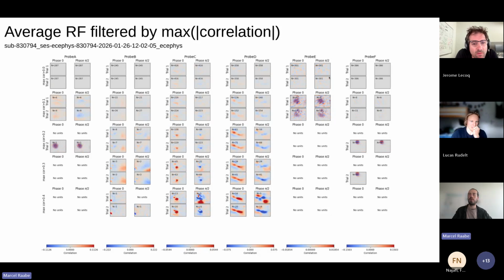On the first row, I'm just averaging everything, and most of it averages out. When I introduce a max correlation threshold, I sort out some non-significant units, and we see a more and more clearly emerging average receptive field.